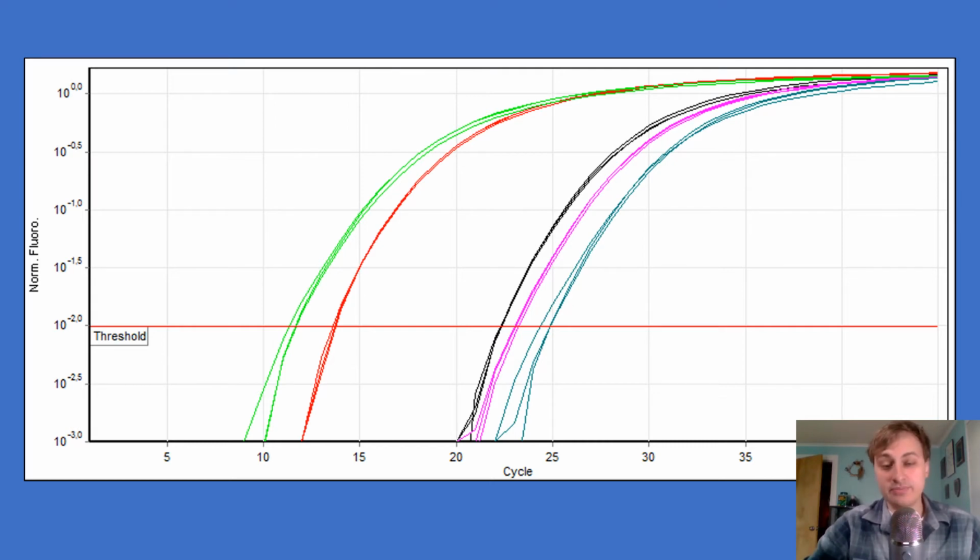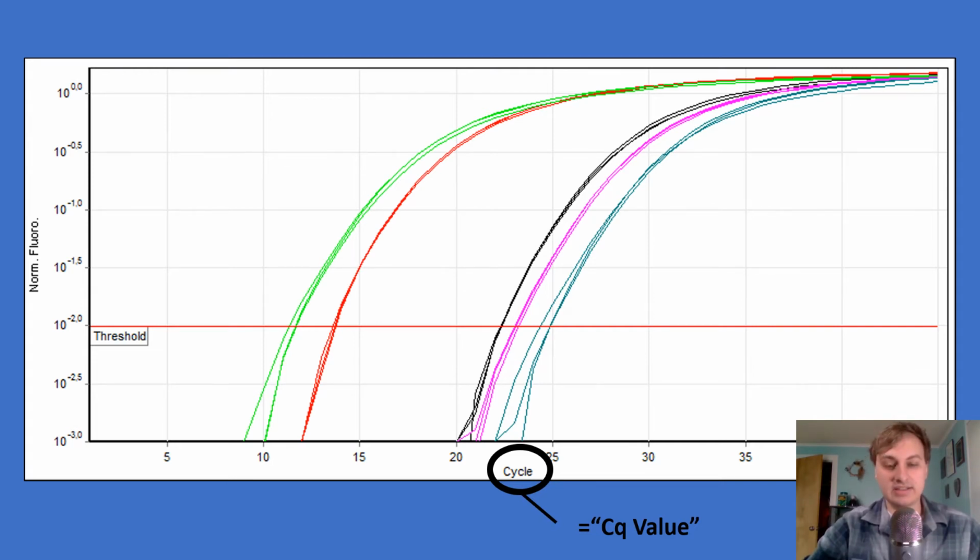Along the bottom, you'll see cycle, also called the Cq value. The sooner you start seeing a curve in a qPCR readout, the more DNA you probably have in your sample, because the machine is constantly warming up and cooling down, looking for the DNA in your sample.